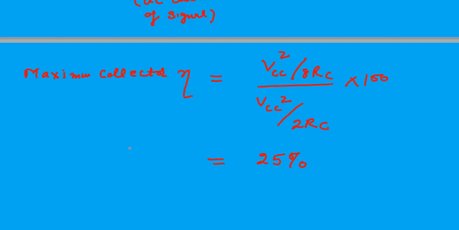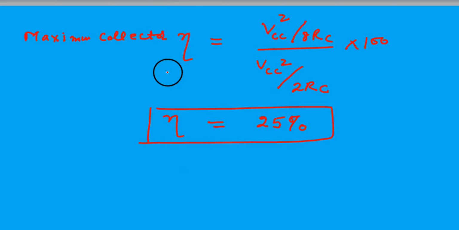So it becomes only 25%, very, very less. This is the theoretical value, and the experimental or practical value will be even less.